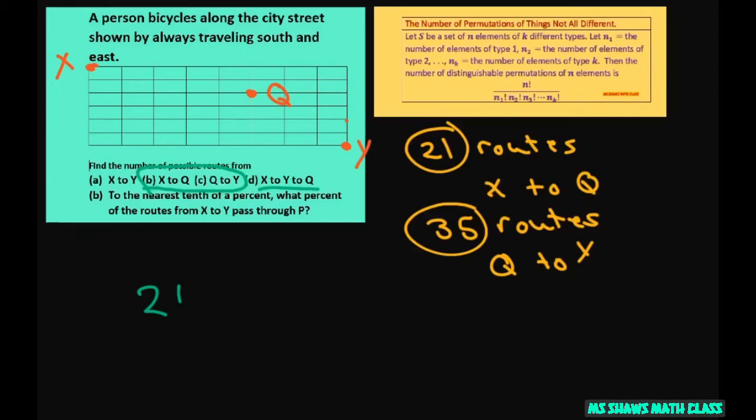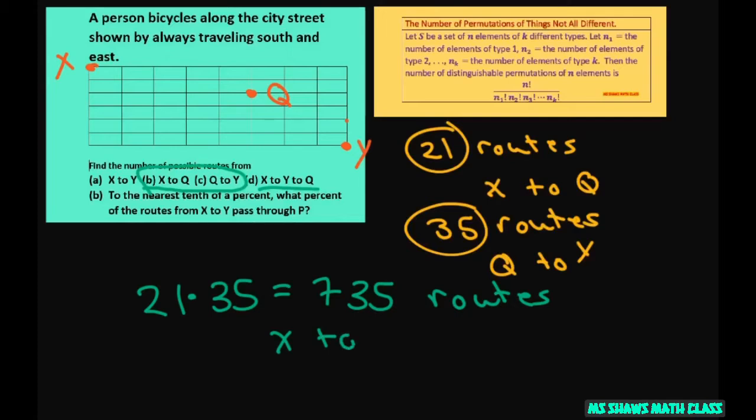So that's going to be 21 times 35, which equals 735 routes from X to Y via Q.